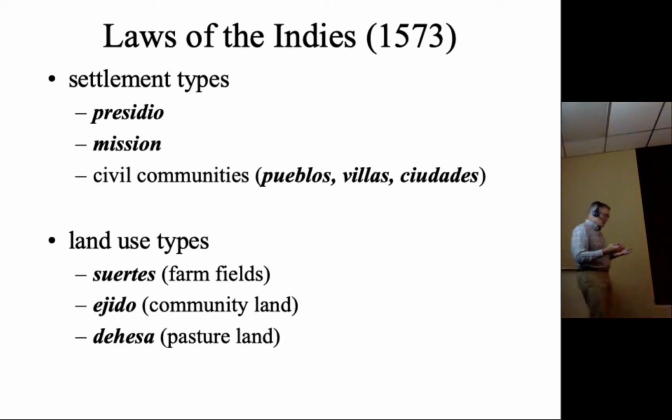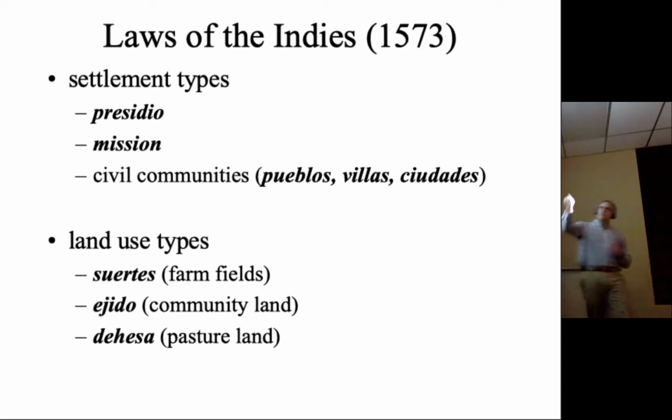the church focus. They were the places where, sort of like monasteries, the Roman Catholic Church often assigned certain monastic orders, such as the Franciscans or the Jesuits, and they had the job of civilizing, of Christianizing, converting native people.